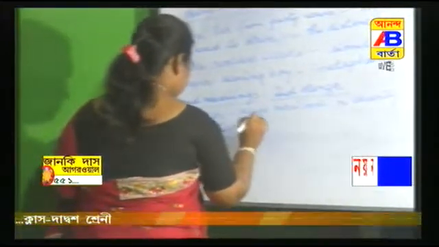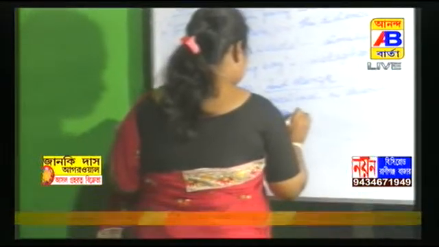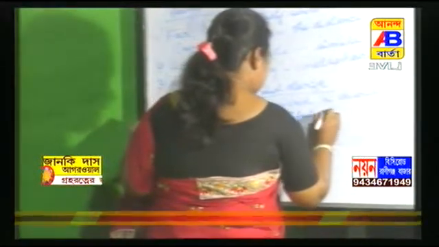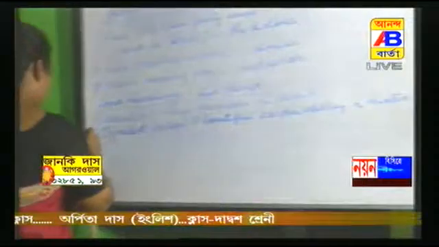Next I am writing Tralee Valley and open-handed map. Tralee Valley, a beautiful ice-free valley in Austria. Next, open-handed map.